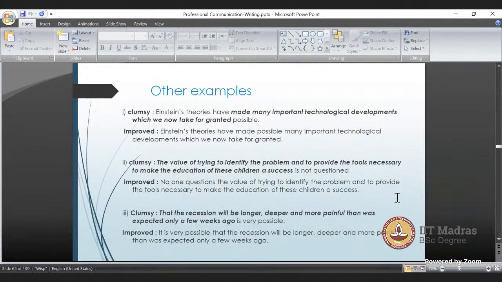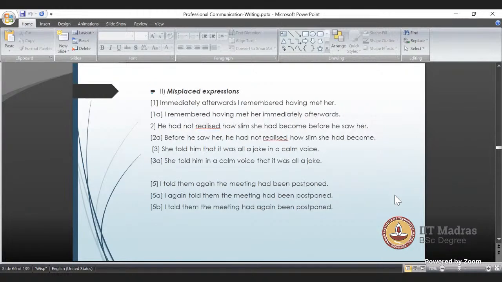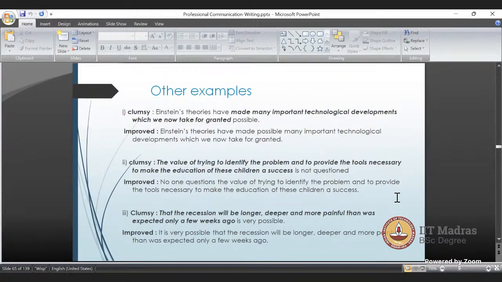Other examples you can see on screen. Einstein's theories have made many important technological developments which we now take for granted possible. Okay. So the important part of the sentences in each of them, we have more. Three of them. In all three sentences, the part of the sentence that is given in bold constitutes the important detail.